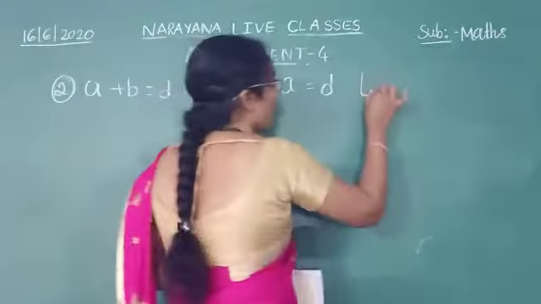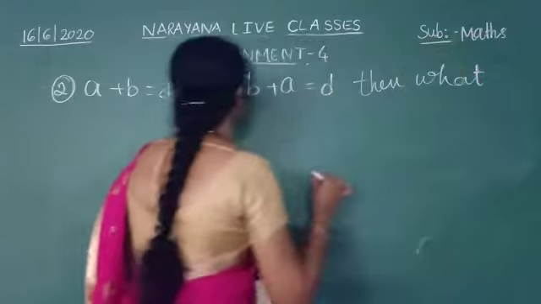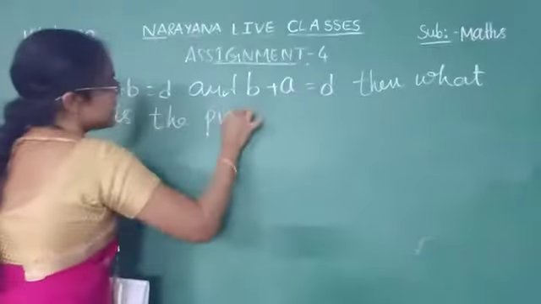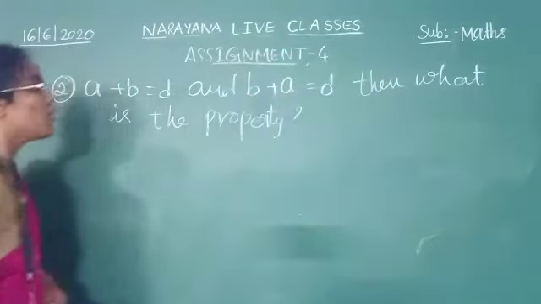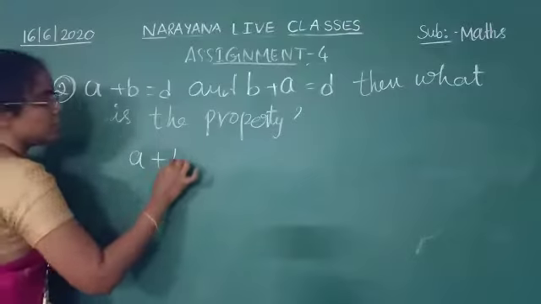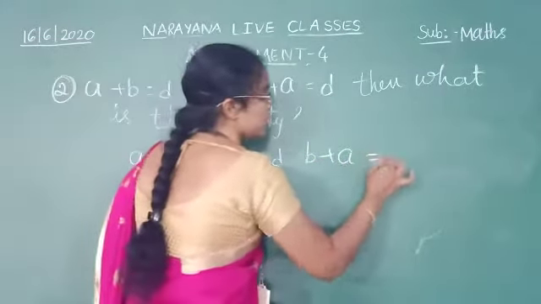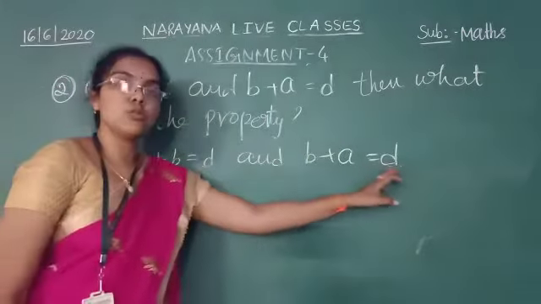Then what is the property it is following? What they are given? A plus b is equal to d and along with that b plus a is also equal to d.